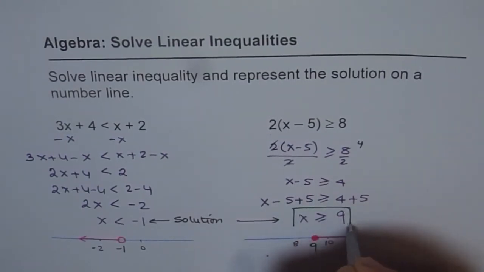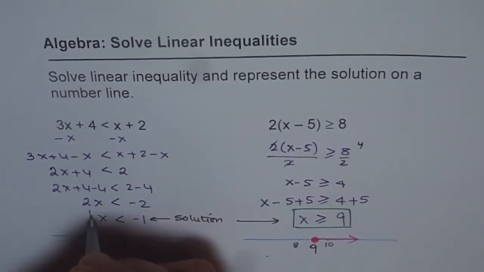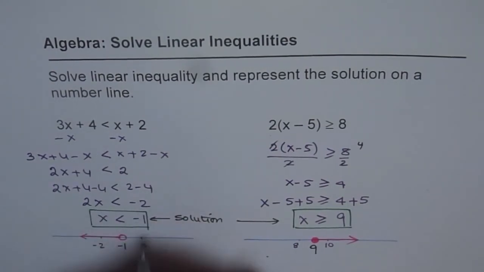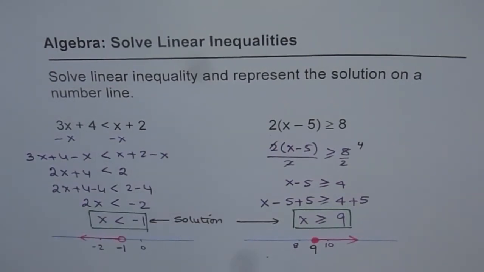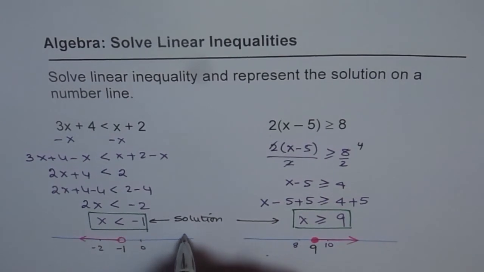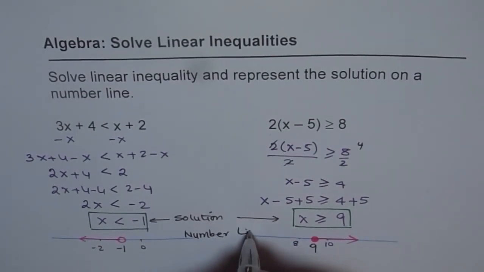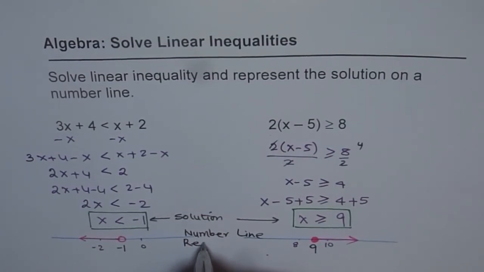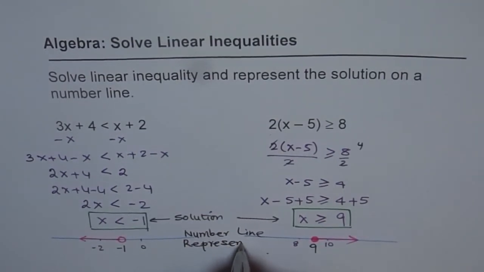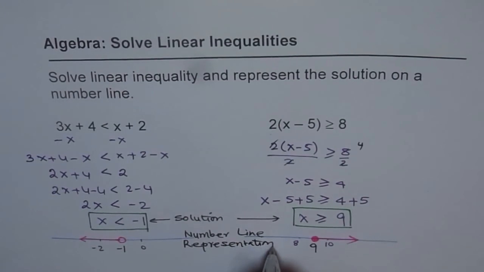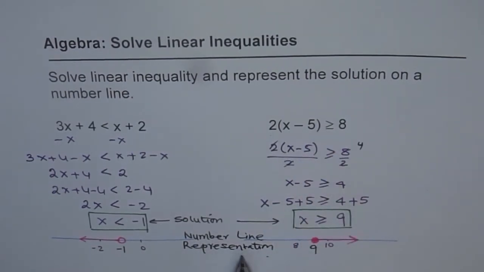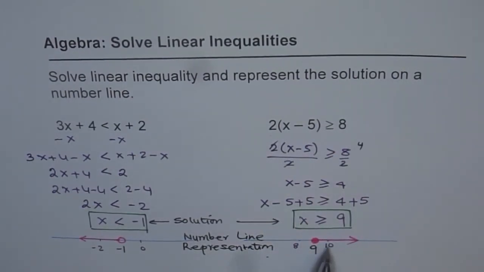That is the solution for our inequality. And this is representation on a number line. So what we have here is a number line. Representation, right? So this inequality can be shown on a number line with its solution as given here, correct?